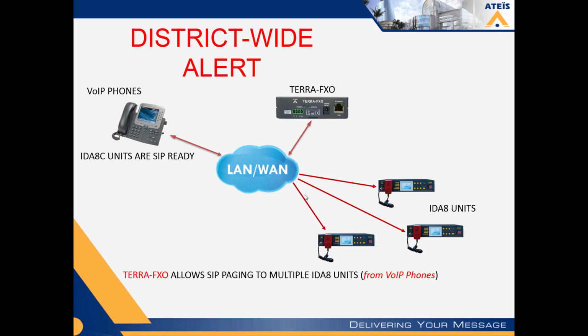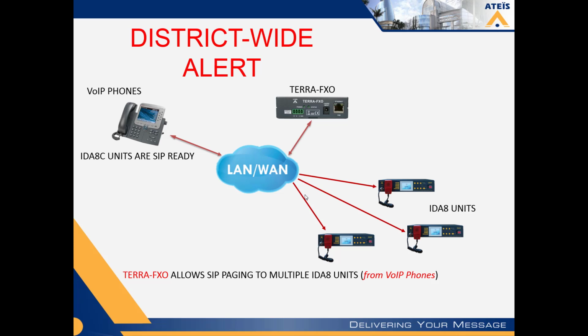It's like paging multiple phones. Some can do it, some can't. It's usually very expensive systems that allow you this, what we call SIP trunking. But we give you a very easy way to do it, and very inexpensive. Just add our Terra FXO module. You see right there. It's about the size of 2 decks of playing cards side by side. It's a PoE device.